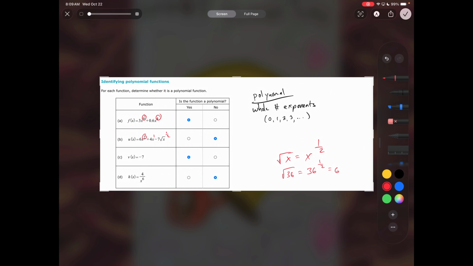This one that just has a number, this is actually like y equals 7, so it's a horizontal line, so it would be a polynomial. The harder way to think about this, or the math way, is that there is an x to the 0 power at the end of this. Do y'all remember what x to the 0 power is? 1. Okay. So x to the 0 power is 1, so that is why you can have x to the 0 at the end of a number like that.